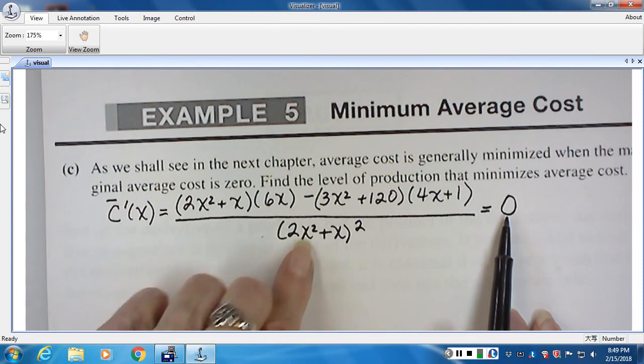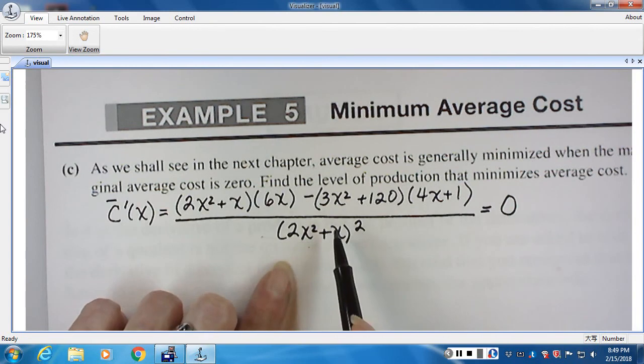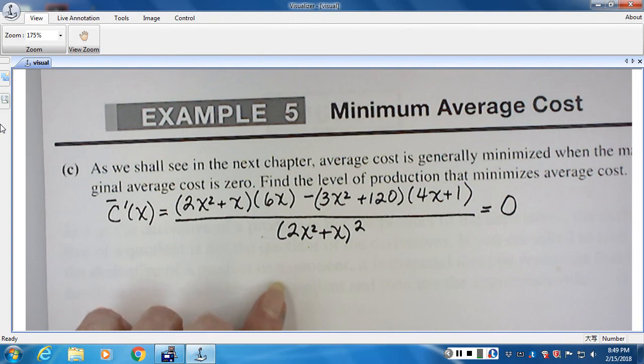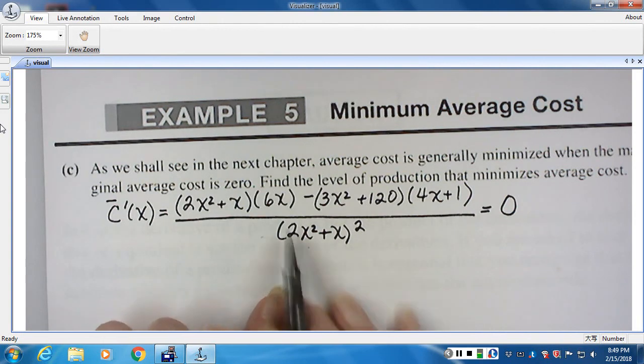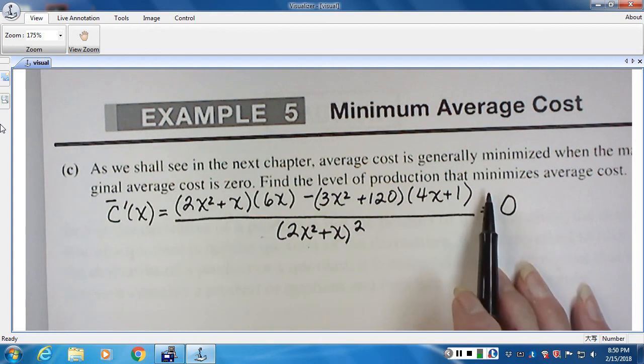We don't really care what the denominator does, as long as it never equals 0, and it's never going to. I mean, it might if x equals 0, but then that means you don't make anything, so that's not something to consider. The only way this is ever going to be 0 is if the numerator equals 0.